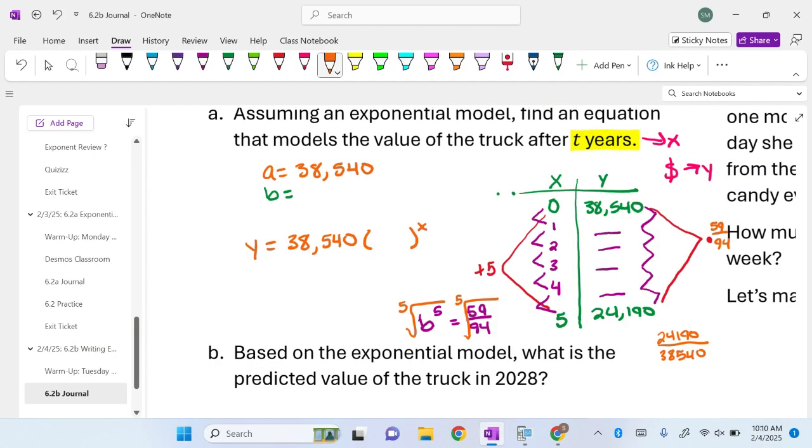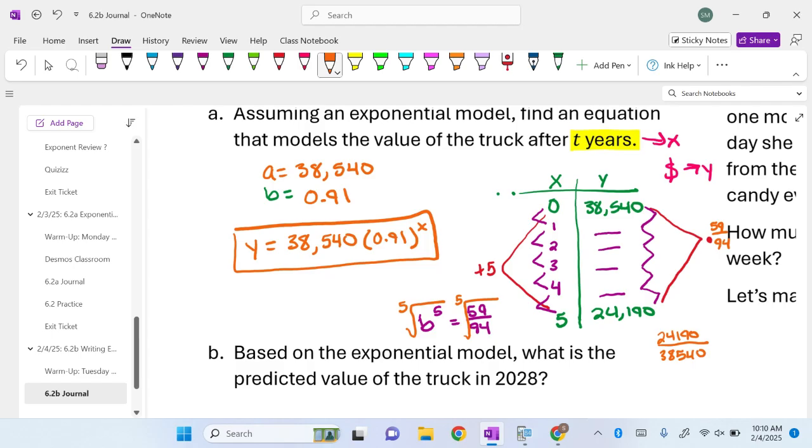So that means that b is equal to 0.91. Now, we're not going to check it because we did do some rounding, so our numbers will be off a bit. But as long as you did your calculations correct, you can have some faith in that. So our b value is going to be 0.91, which means this is our equation that we're going to use to model the value of the truck after t years.